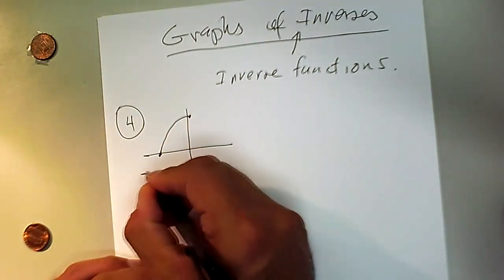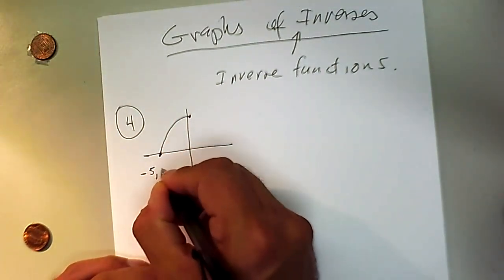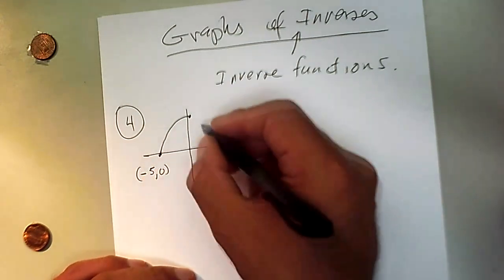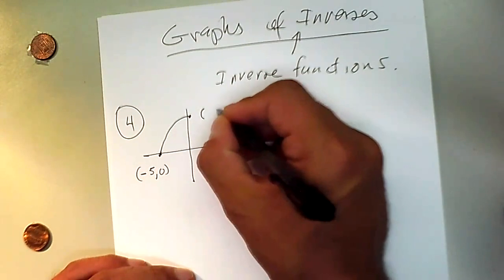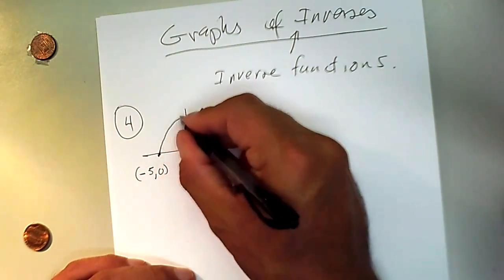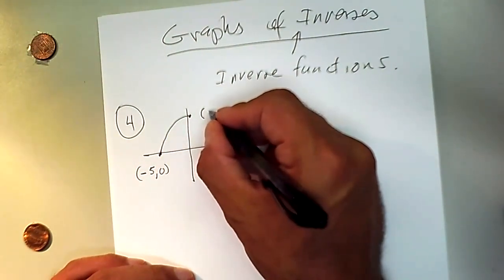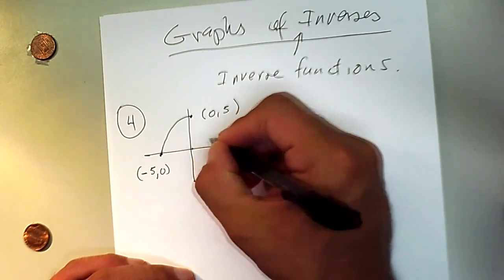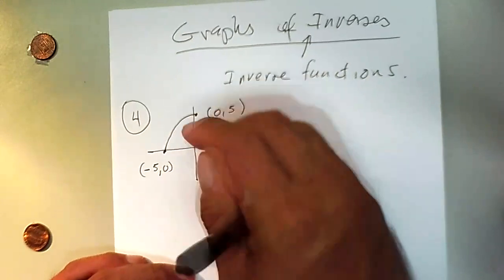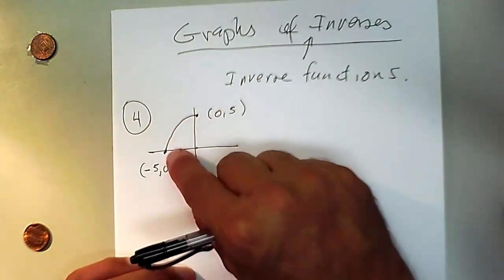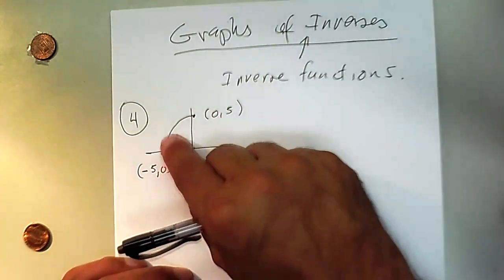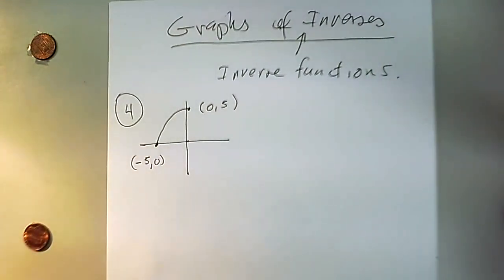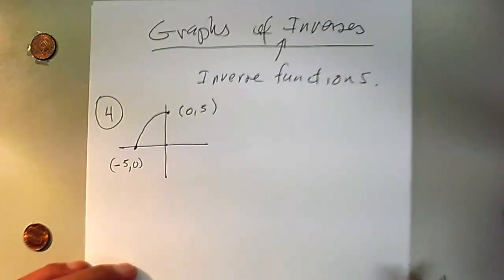It starts out with -5, 0, assuming that the circle has radius 5, and ends, it goes around this way and ends with 0, 5, assuming that the circle has center at the origin. So there it is. So that didn't look too roundish, kind of looks more parabolic, but pretend that is a circle. So the question is, what is the picture of the inverse?